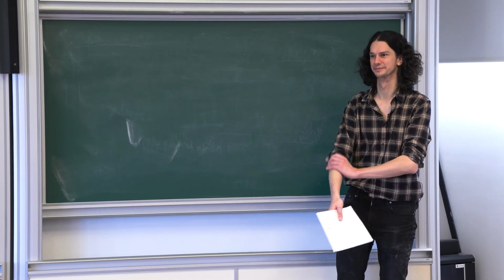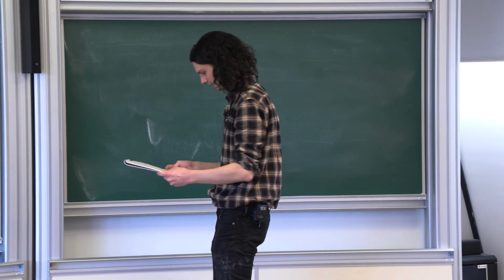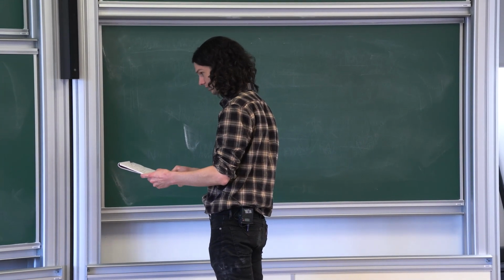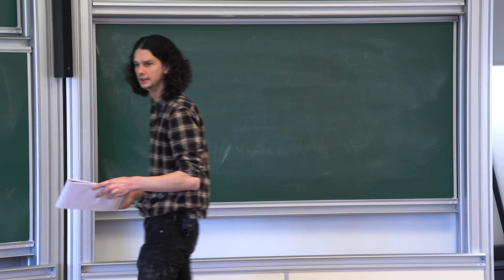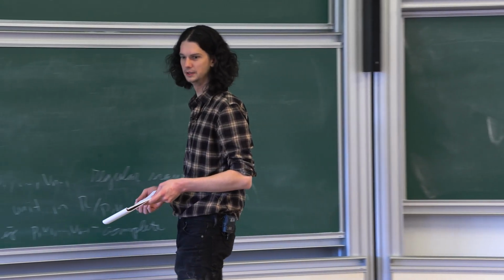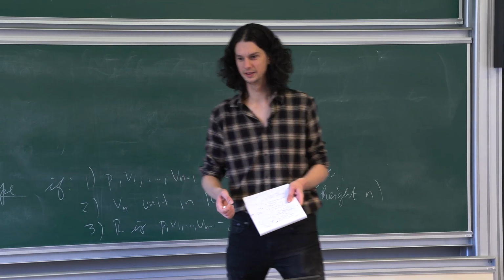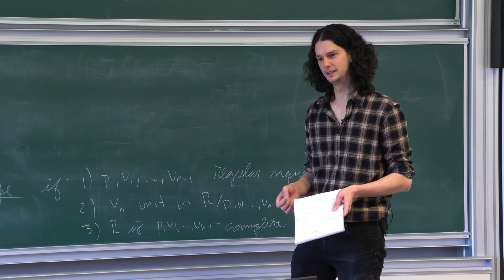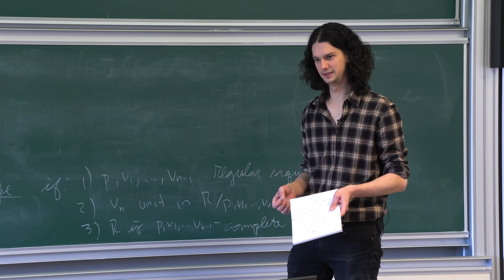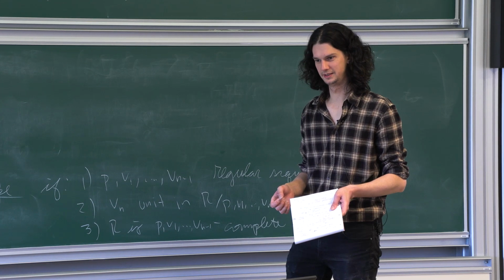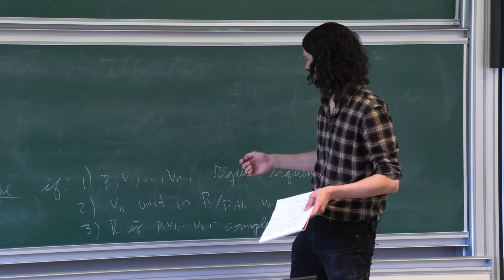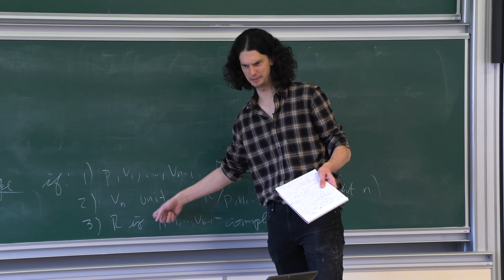Previously the Vi were sections of a twisted line bundle from a group, but it still makes sense because it's local: you can work locally, lift them, and then get this. What do I mean by it being a unit?